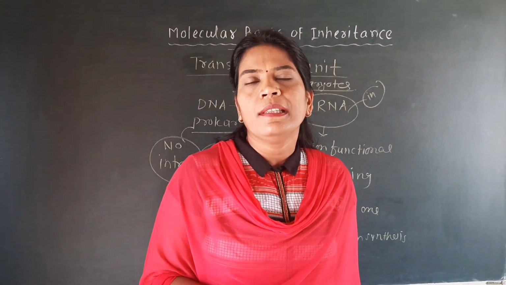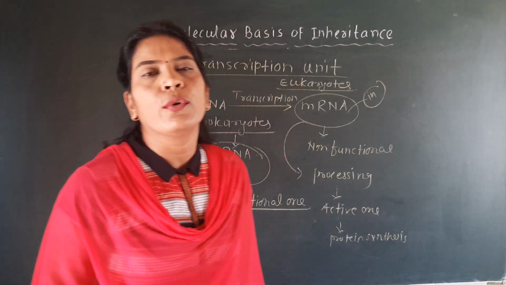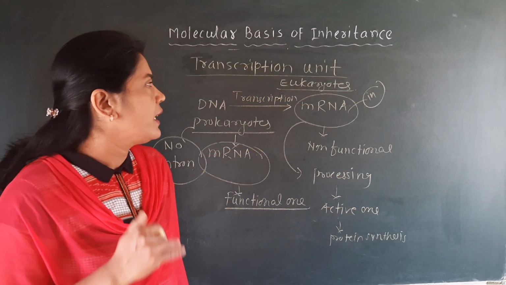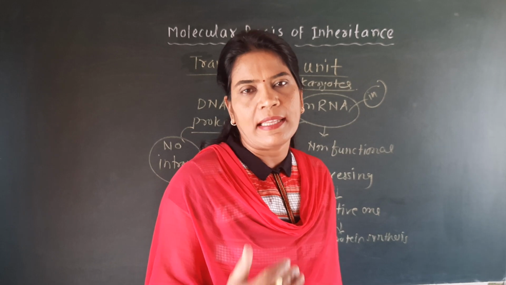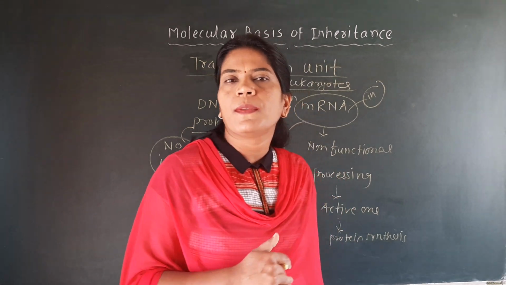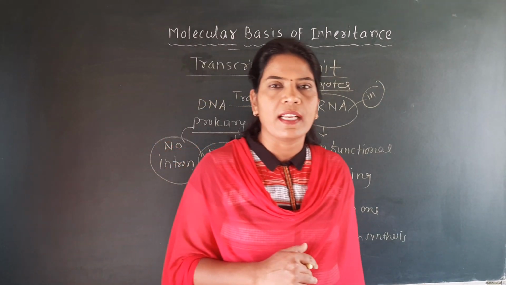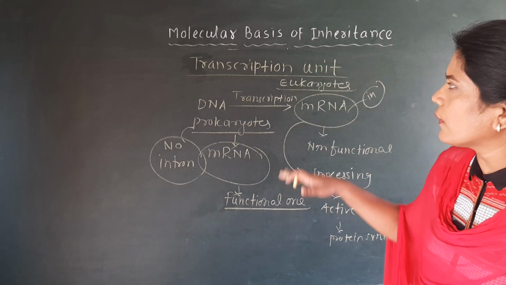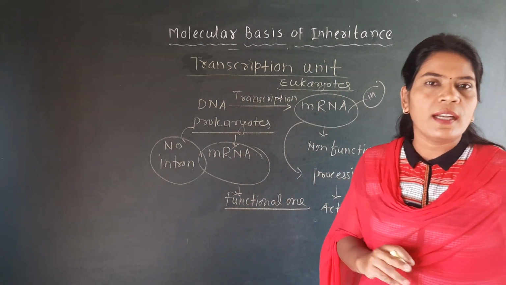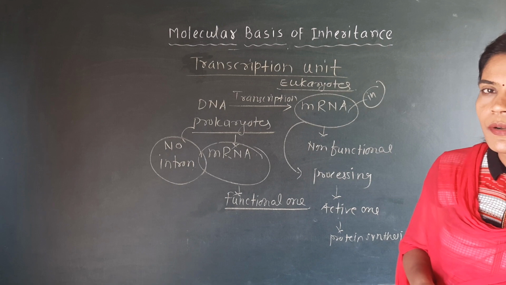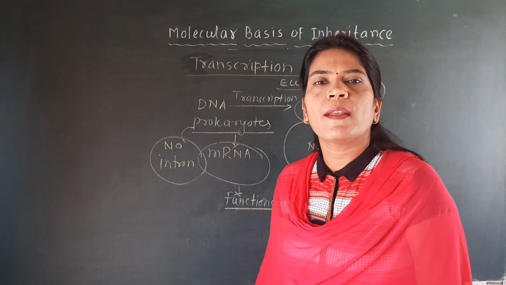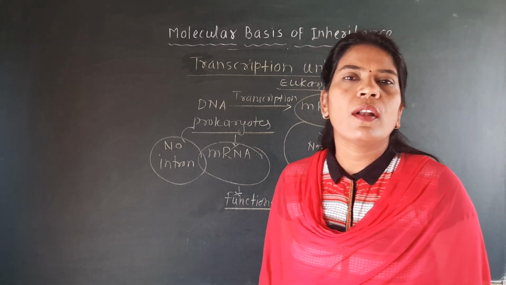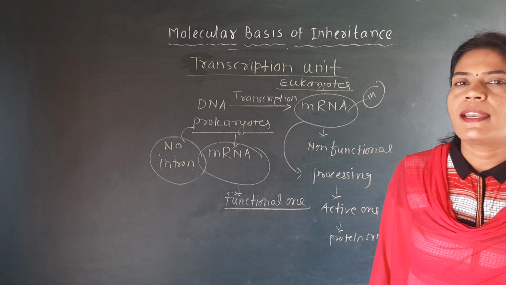Now the third point we are going to discuss is the transcription unit and the gene. The transcription unit requires the RNA polymerase enzyme. A question is asked for MCQ: which enzyme is involved in the process of transcription? RNA polymerase.